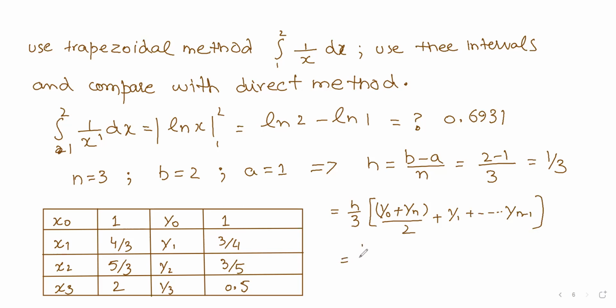So y0 is equal to 1 plus yn 0.5 divided by 2 plus y1, which is 3 by 4 plus 3 by 5, right? So can anyone try to solve this one? Let's see what's the answer.